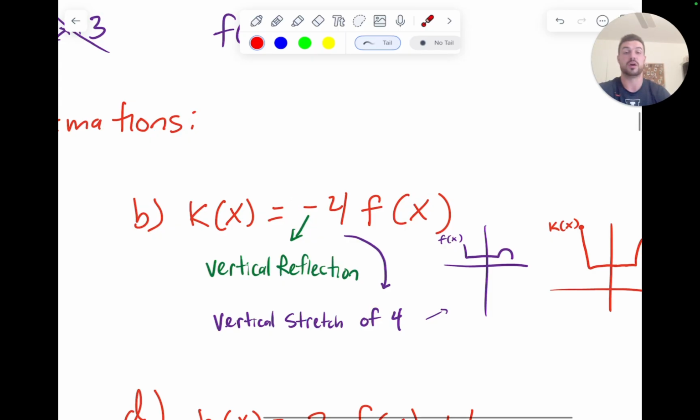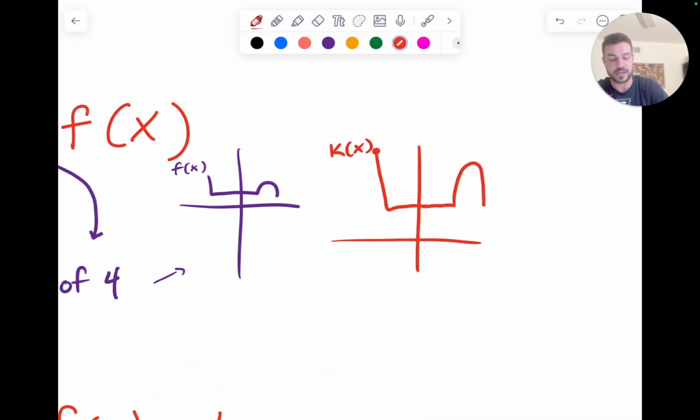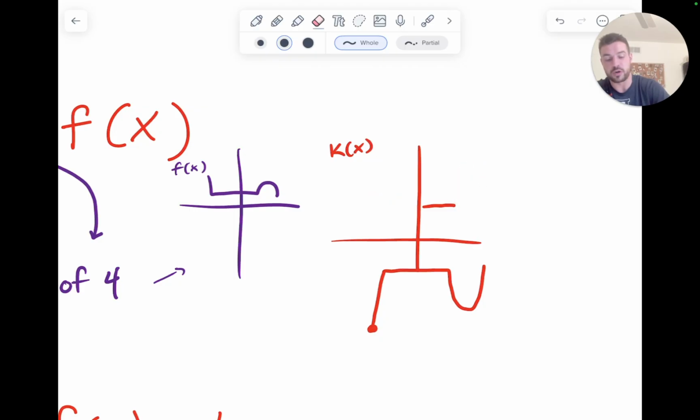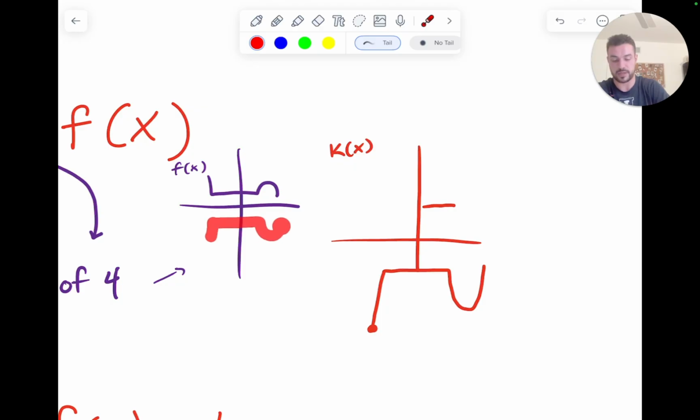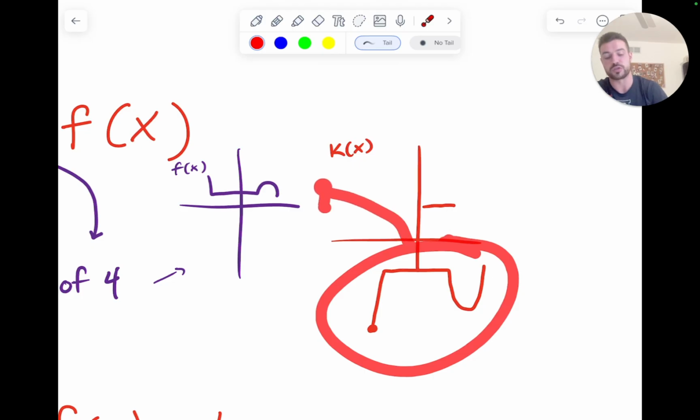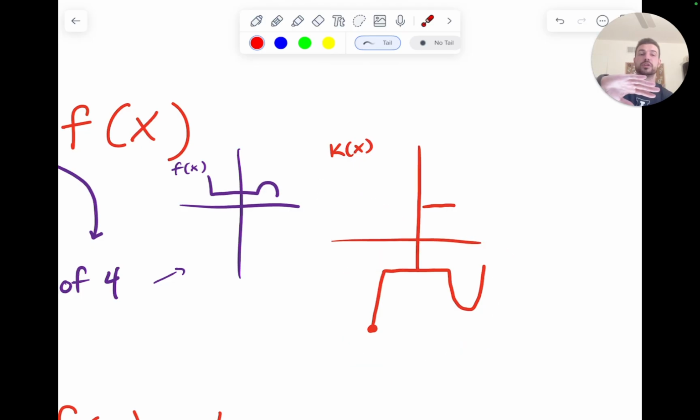So that means when we finish this, k of x is actually going to be down here and look more like this because we have our original function that is going to be reflected, so flipped, so it should end up something like this. And then it's going to be stretched to 4 times its height, which is basically what this one is. It is our original one, flipped upside down, or vertically reflected, and then stretched by a factor of 4.